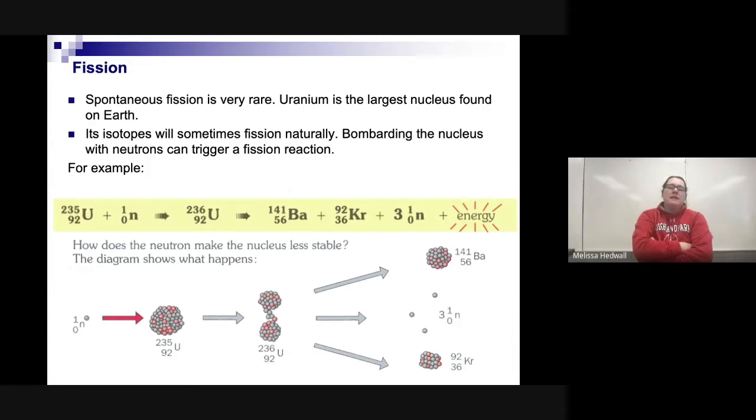First of all, spontaneous fission is very, very rare. Naturally found uranium is the largest nucleus. We know that there are other elements in the periodic table. Those have all been synthesized by bombarding the uranium nucleus with a proton and binding it to that uranium nucleus.